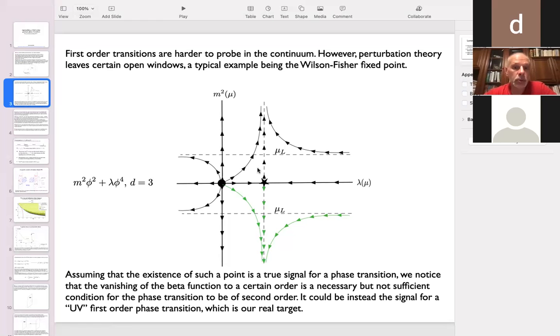So now in perturbation theory, or even in the epsilon expansion, which is a modest generalization of perturbation theory, we are not really sure that such a point really exists, but it's very interesting because then we can connect these 2 points via renormalization group flows, and we can ask what happens in the vicinity of this phase transition, not the Gaussian, but this phase transition.